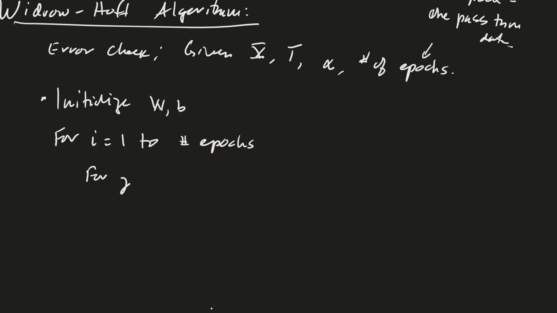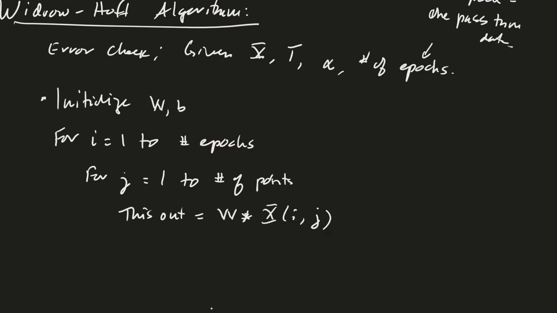For j equals 1 to number of points, get your output. This output is equal to W x, I'm going to use MATLAB notation, I hope you don't mind, plus b.